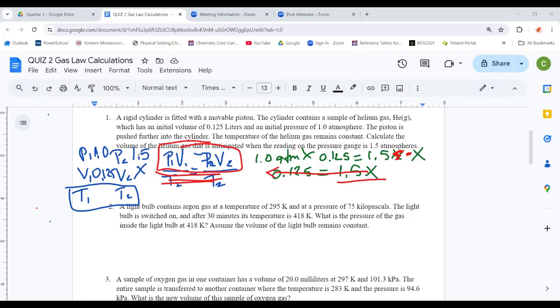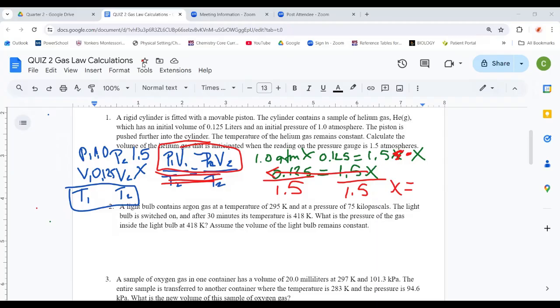So I'm going to go ahead and divide both sides by 1.5. And I'm dividing because the opposite operation of multiplication is division. And then your x equals, this should be 0.08, like about 0.083.